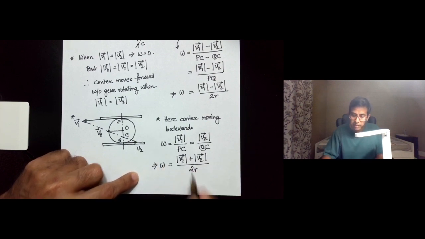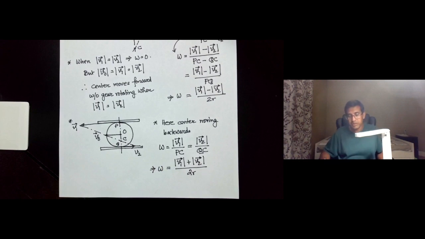So here omega becomes V1 plus V2, the sum of the two magnitudes, divided by 2R.